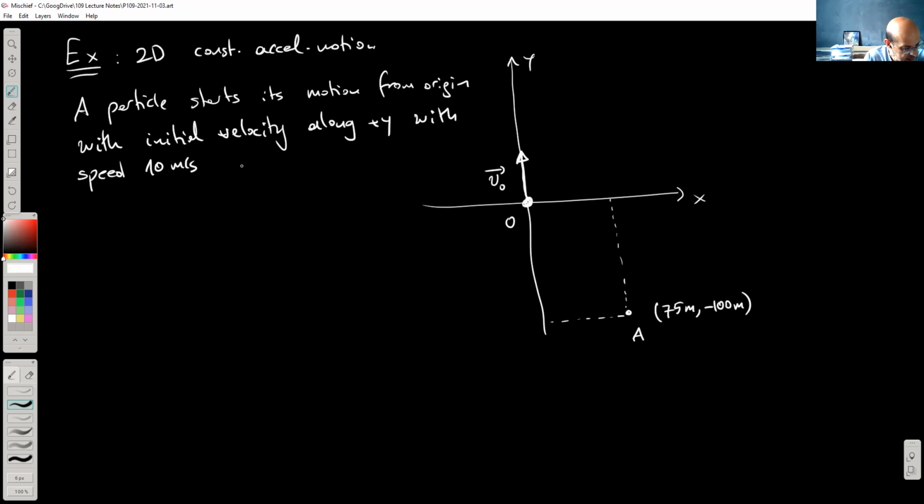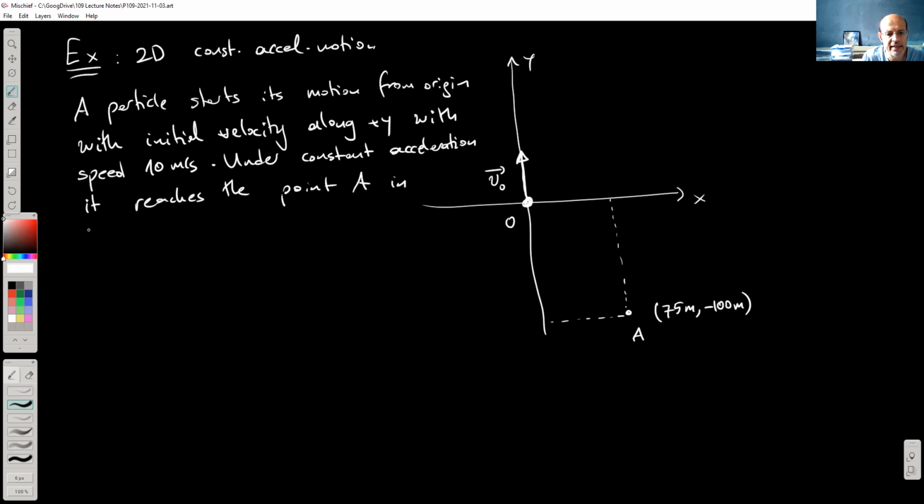Okay. Under constant acceleration, it reaches the point A, right? Point A in t equals 5 seconds. Right, let me just write it down like that, okay? So in 5 seconds, it reaches to that point.